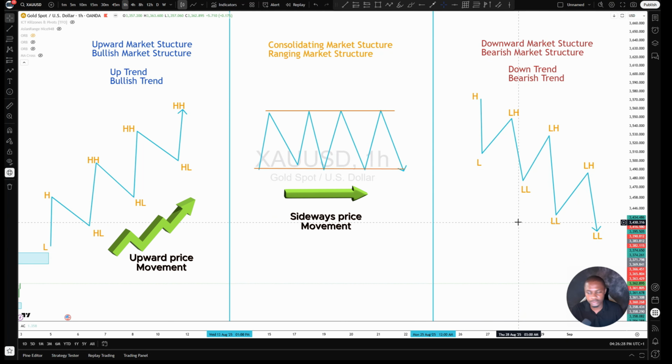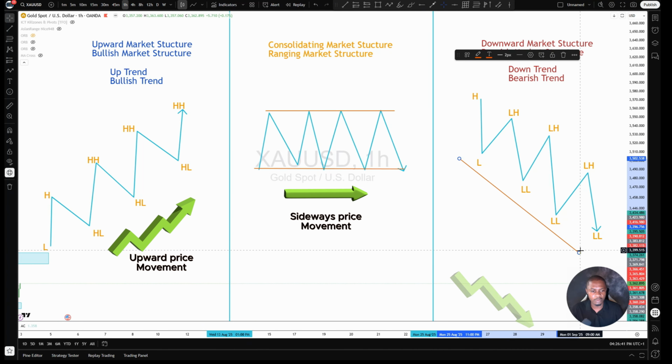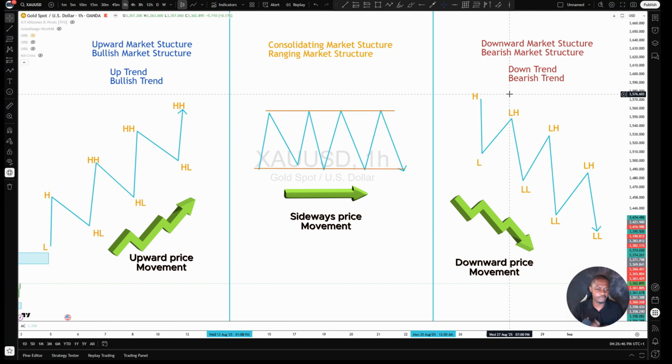So in a downward trend, price is generally moving towards the downward direction in this manner. In a downward trend, we can say that price is forming lower highs and lower lows.